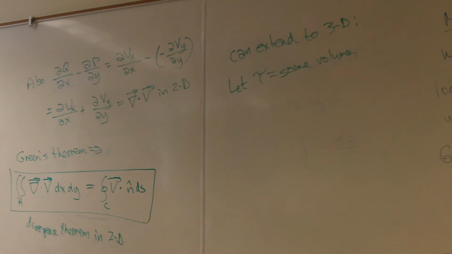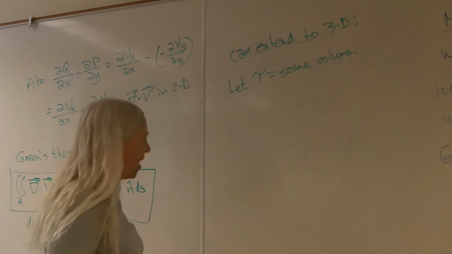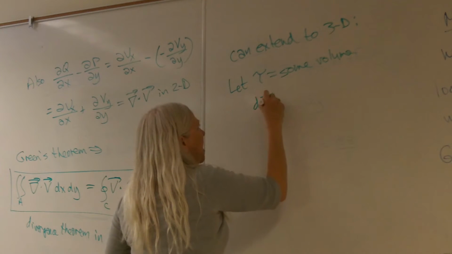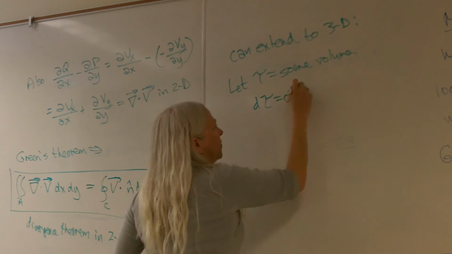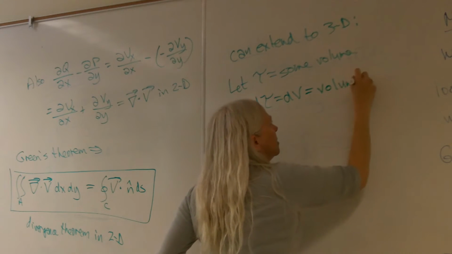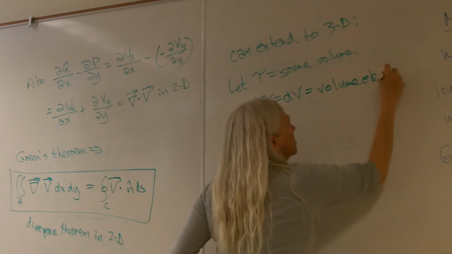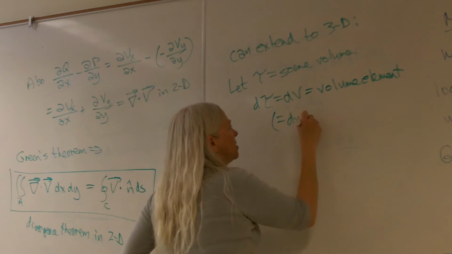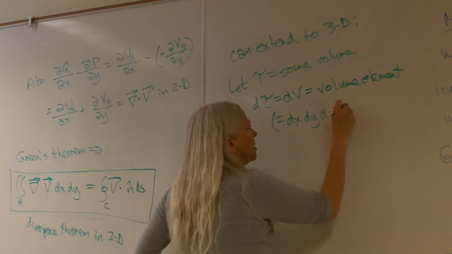So we'll call the volume tau instead. And of course, you've probably already seen d tau, or dV if you prefer, as a volume element. So for example, in Cartesian coordinates, this is dx times dy times dz.